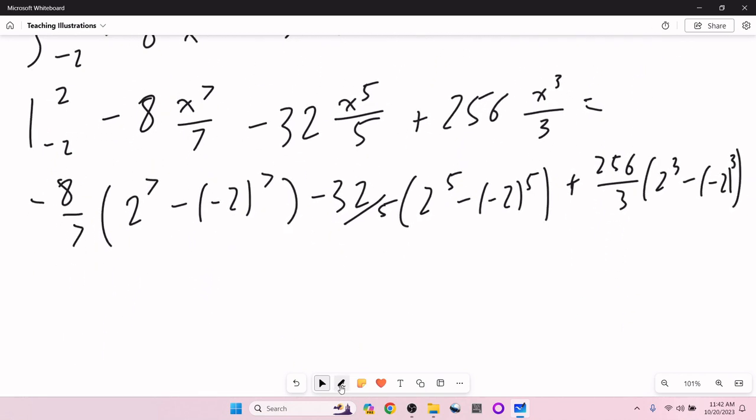And then you just type this into a calculator because trying to get this as a fraction is kind of a pain. Eventually, it comes out to 663.2-ish. It's rounded.